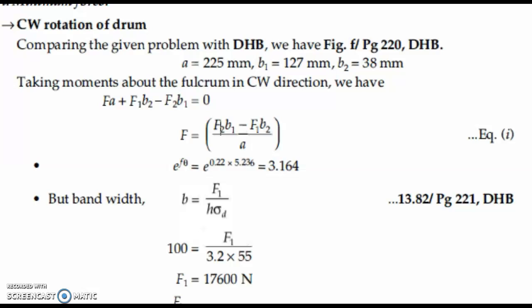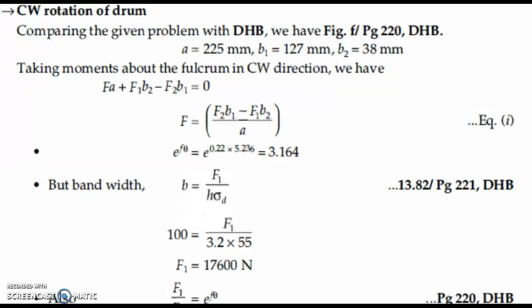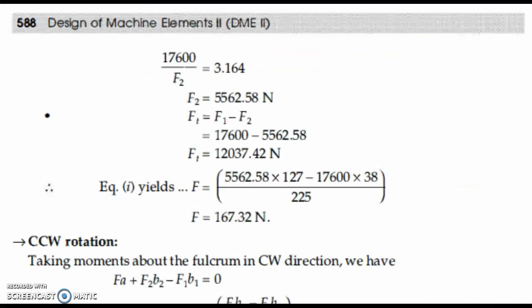Then the value of F1 will become 17,600 Newton. Once we calculate the value of F1, next we can find the value of F2 using F1 by F2 is equal to e raised to mu theta. It is also given in our data book, equation 13.18A, page number 267. Then if we substitute this value, the value of F2 will become 5,562.58 Newton.